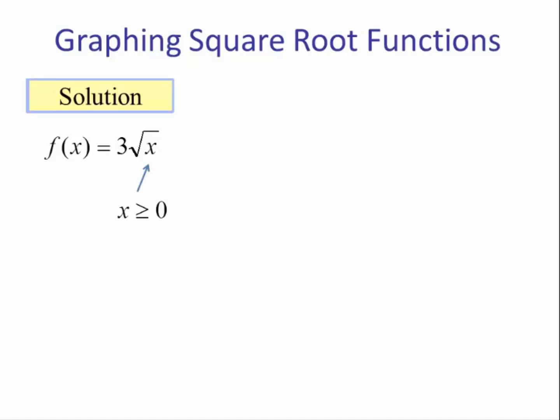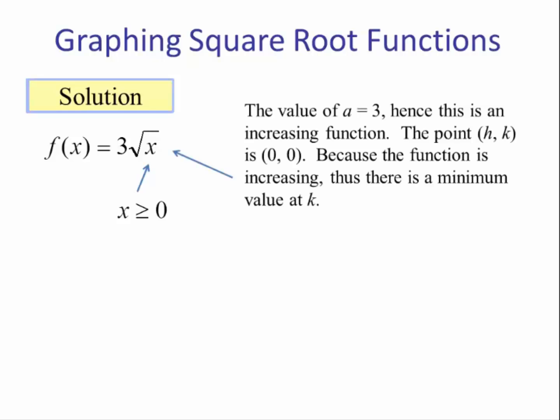A. To find the domain, we take whatever is under the radical and we set it greater than or equal to 0. So for this case, x is greater than or equal to 0. That's our domain. For the range, since the value of a is 3, that's a positive number. This is an increasing function.